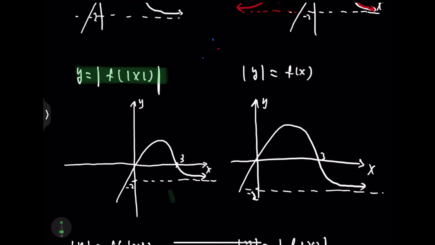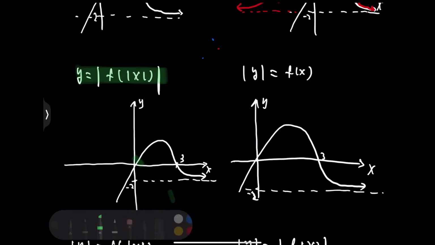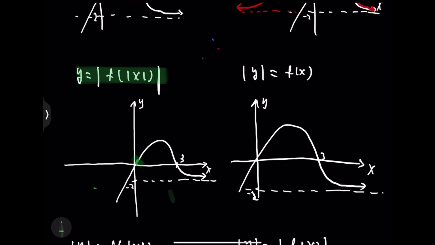I'm starting from the inside one. Firstly, I keep the right-hand side and flip it into the left-hand side. I'm going to keep it, I'll do it dotted, and reflect it on the negative side.